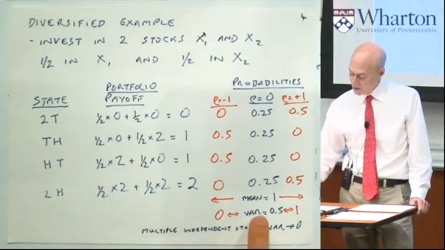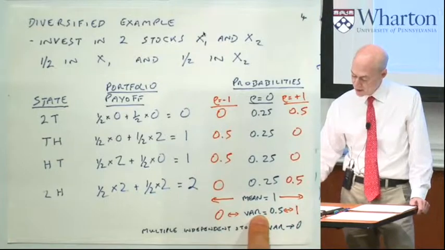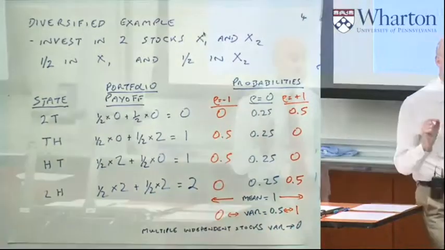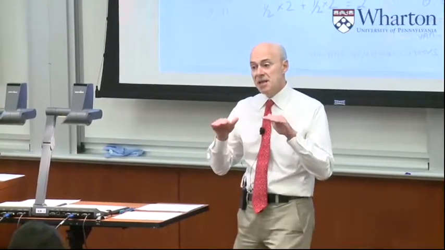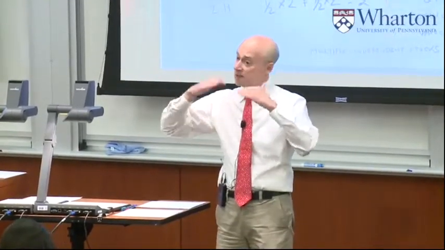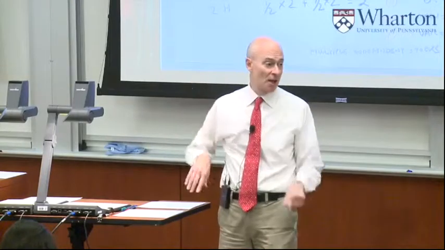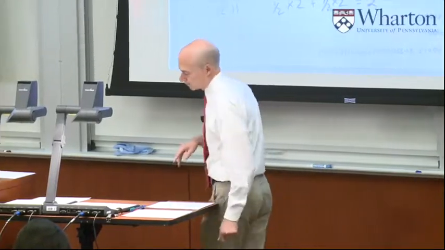So they give you a variance of a half, but you've got rid of half the variance. So by diversifying, even with independent stocks, you get them cancelling out by chance half the time. Does everybody see that? That's the basic idea of diversification.